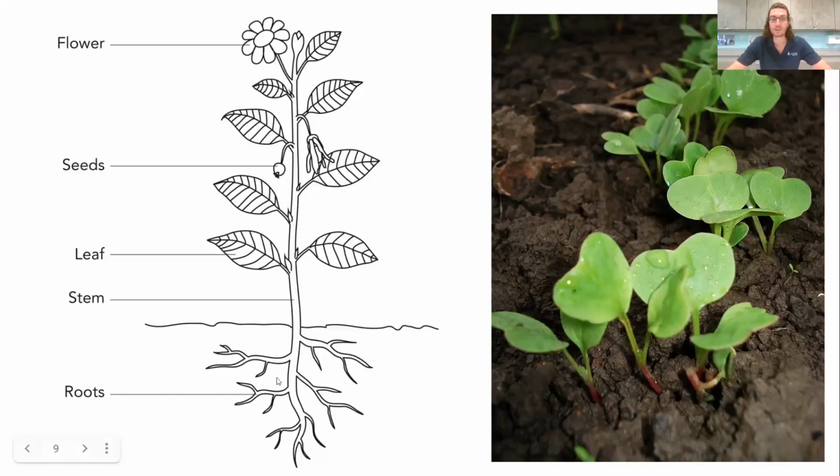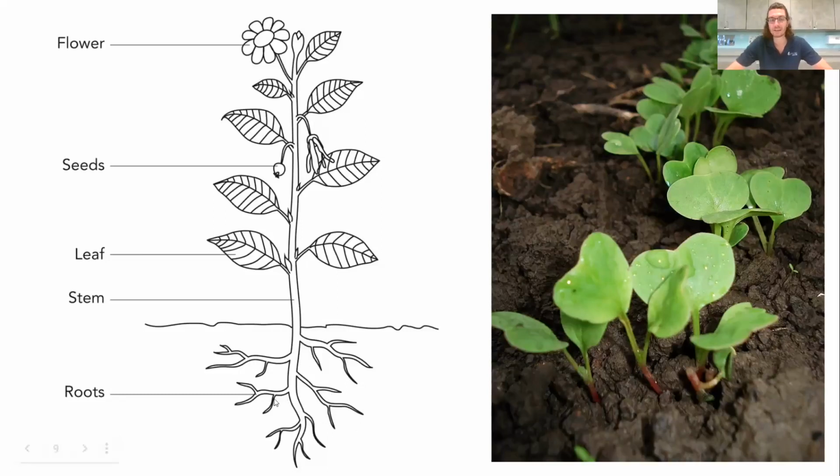And so if there is a time period where the plant has to kind of shut down photosynthesis, say during the winter or something like that, where they drop their leaves in some plants, or if it gets way too hot and plants have to close their leaves up a little bit to retain moisture, then they can't be photosynthesizing or making that food. So roots can be a nice site of food storage.